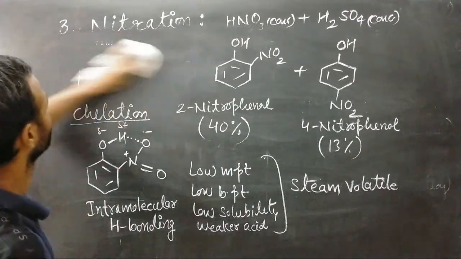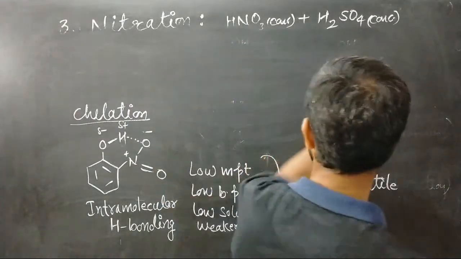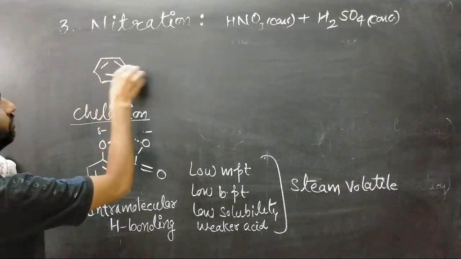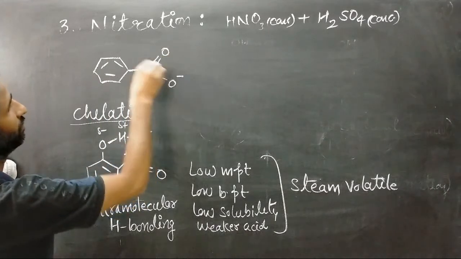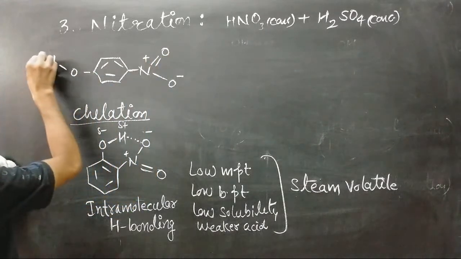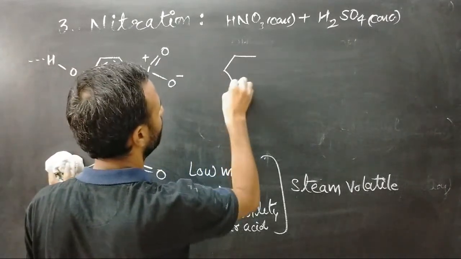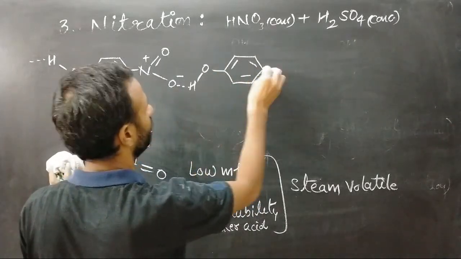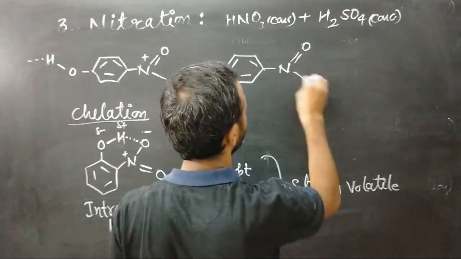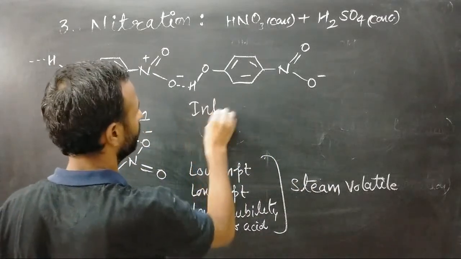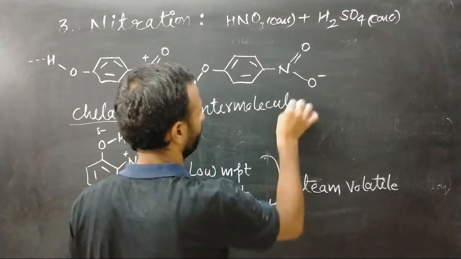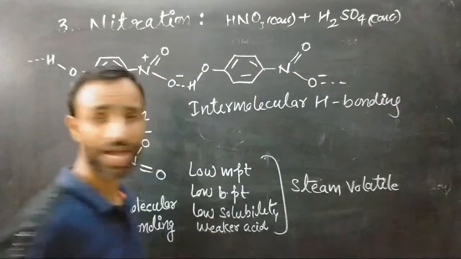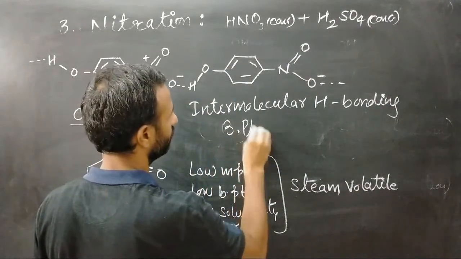But in paranitrophenol there is intermolecular H bonding, and due to intermolecular H bonding, the boiling point is high.